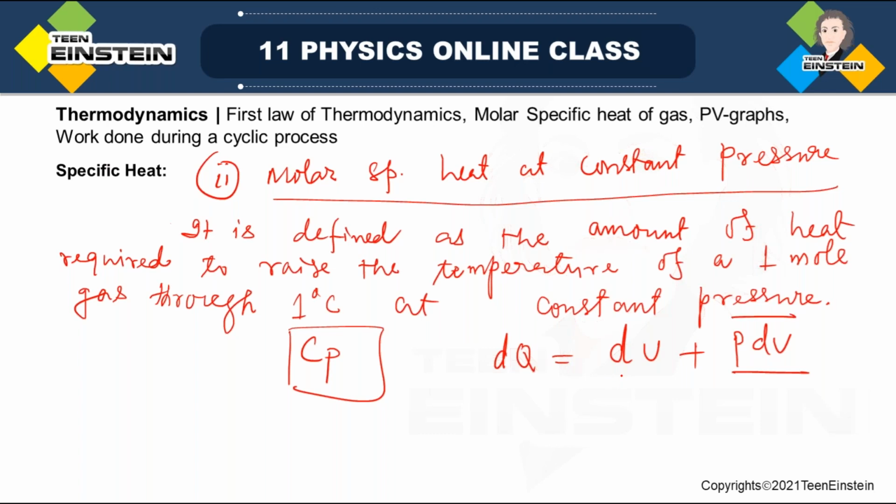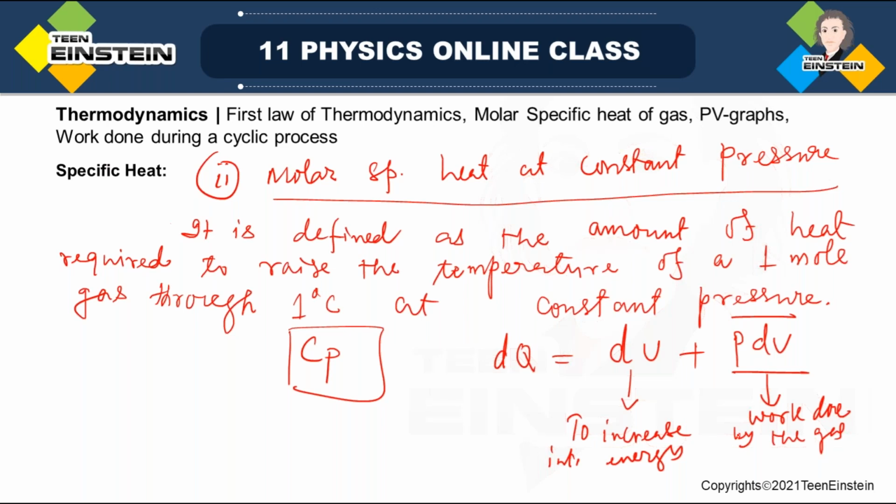The amount of heat we supply to the system goes two ways. One is to increase the internal energy, and the other is the work done by the gas on the surroundings.